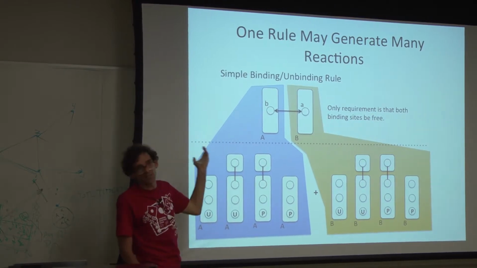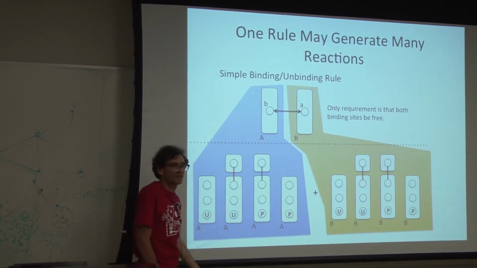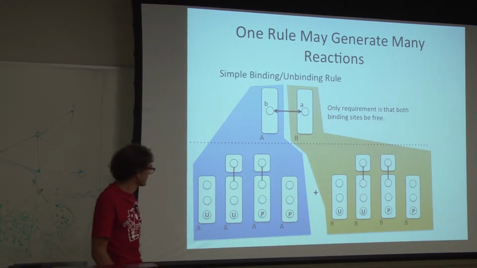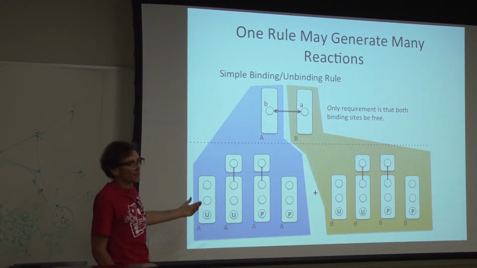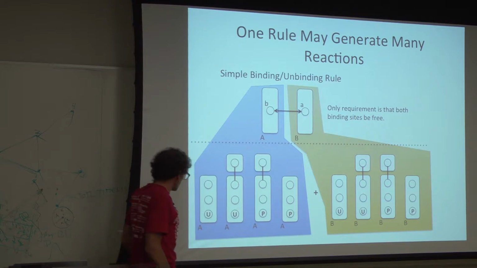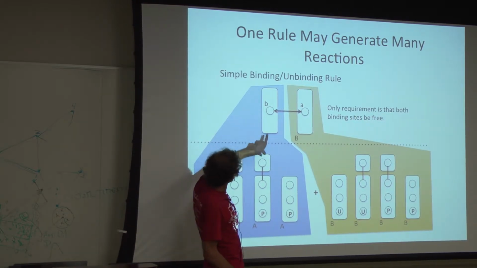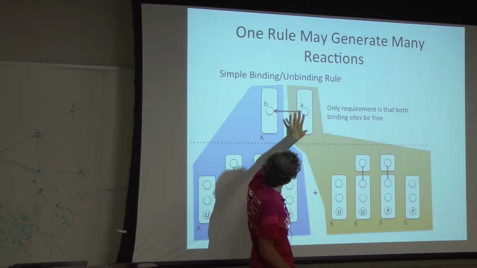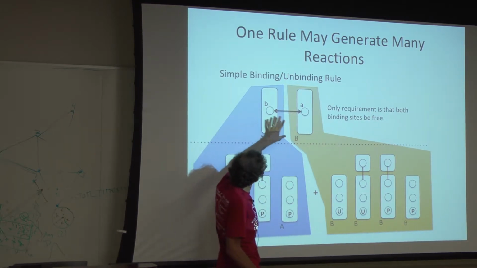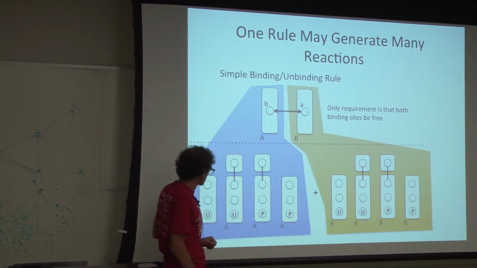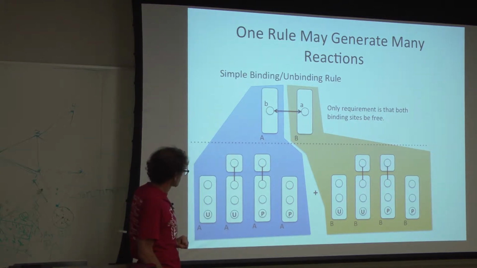Maybe that phosphorylation site binds something else. Probably has 15 phosphorylation sites, only 8 of which are recognized as being important. Okay, so we don't know how much complexity there is under the surface, but we want this rule to say that A and B, unless we know otherwise, can bind to each other as long as there's a free binding site.